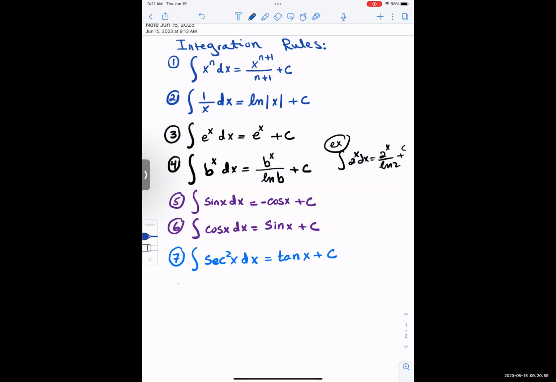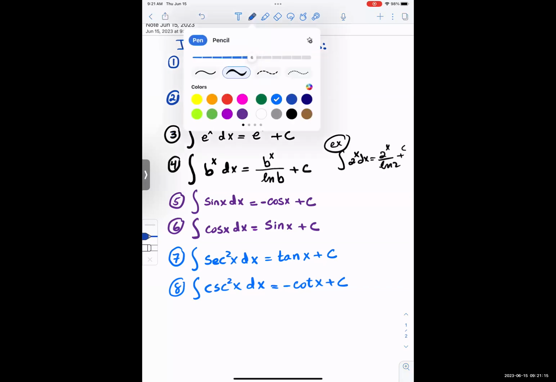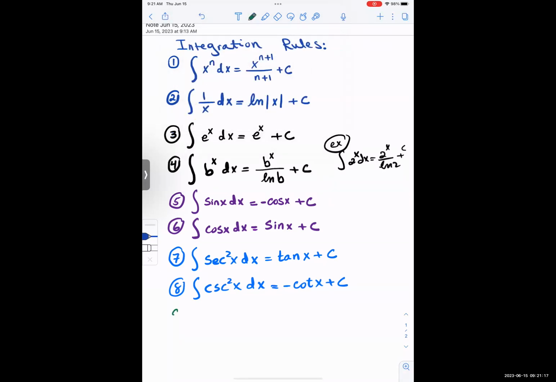Same thing with the cosecant. Integral of cosecant square of x dx is negative cotan x plus c. Number 9. You use number 9 and 10 as well, but less often compared to 1 through 8 or 1 through 6.